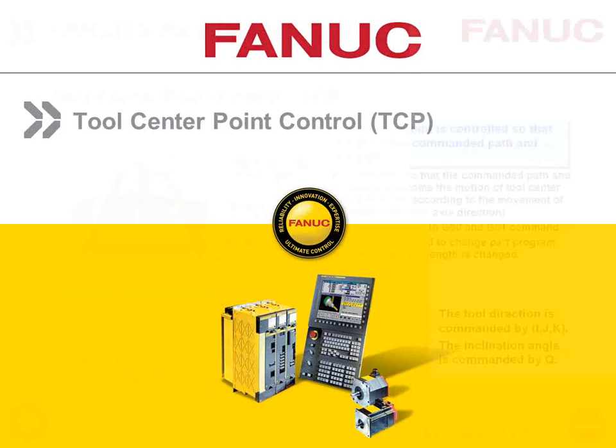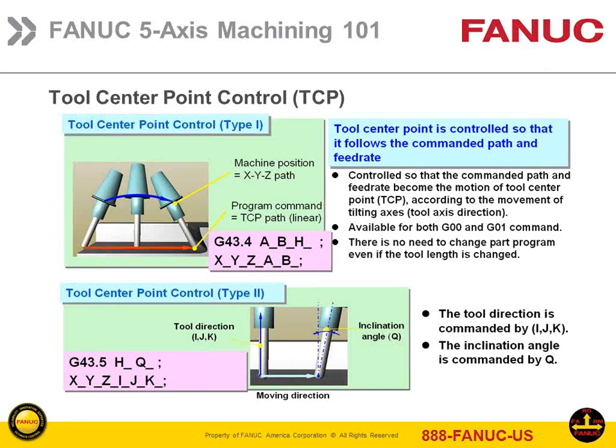With tool center point, we have 2 types, type 1 and type 2. With type 1, you use a G43.4 with an H word for your tool length and your pivot distance, along with an X, Y, Z, A and B, or B and C, or whatever your rotary axes are.